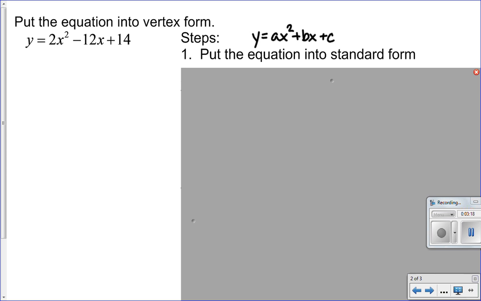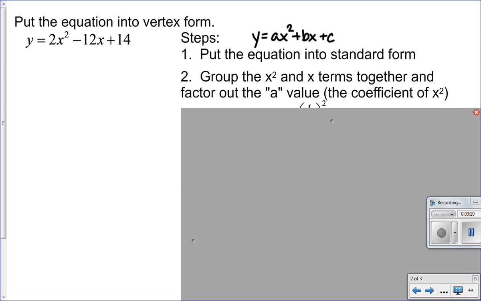Step 2, we're going to group the x squared and x terms together, these two here, and factor out the a value. Remember, the a value is the coefficient of x squared. So we'll still have our y equals, and we're going to factor out the a value.